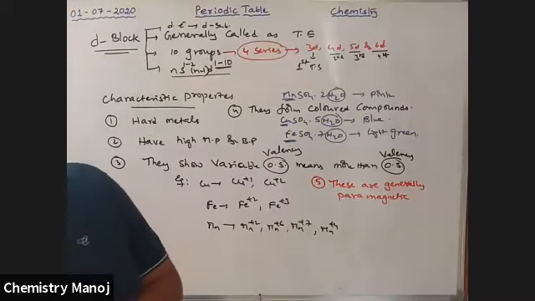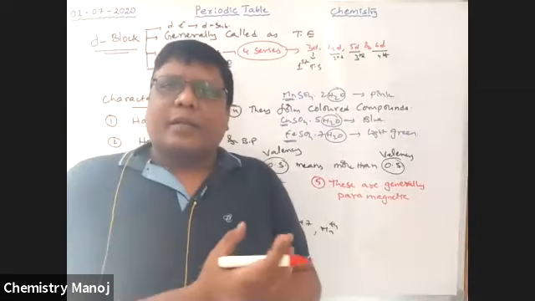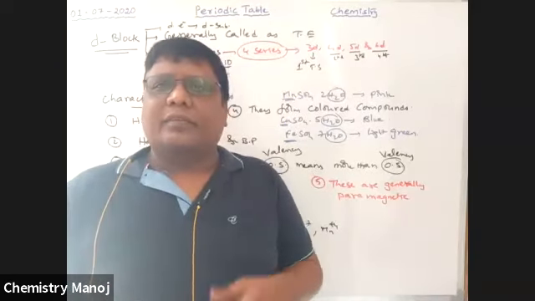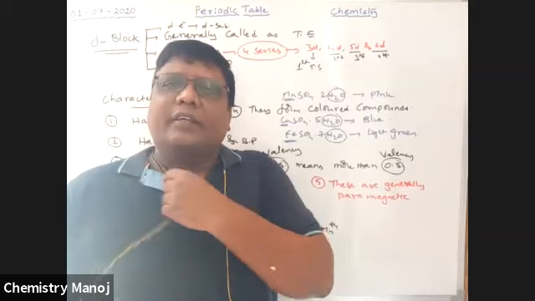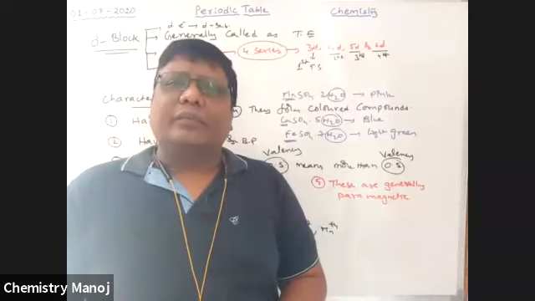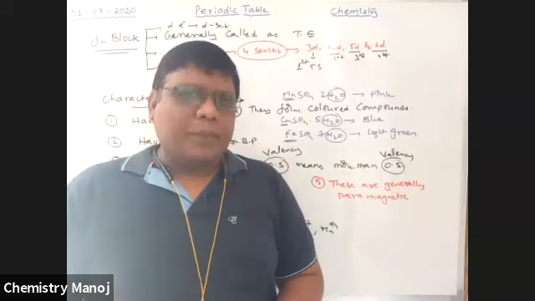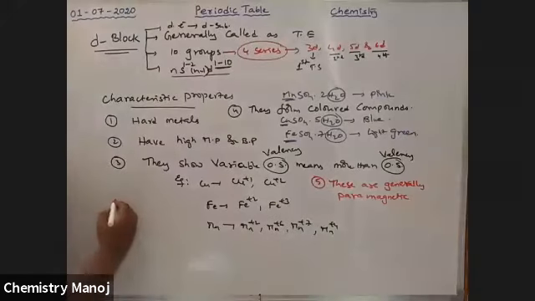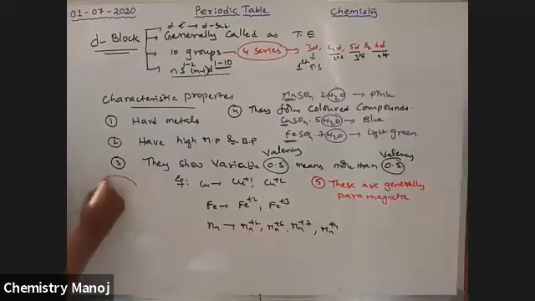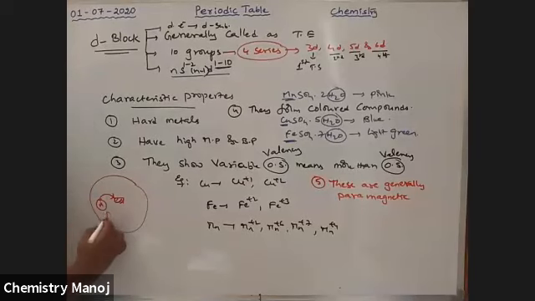So paramagnetic means the material is attracted by the magnet when it is placed in a magnetic field. Here it is a magnet, my dear boys. So this is the magnetic field. Now I place a substance in this magnetic field, it is attracted by that magnet, that is a paramagnetic element.